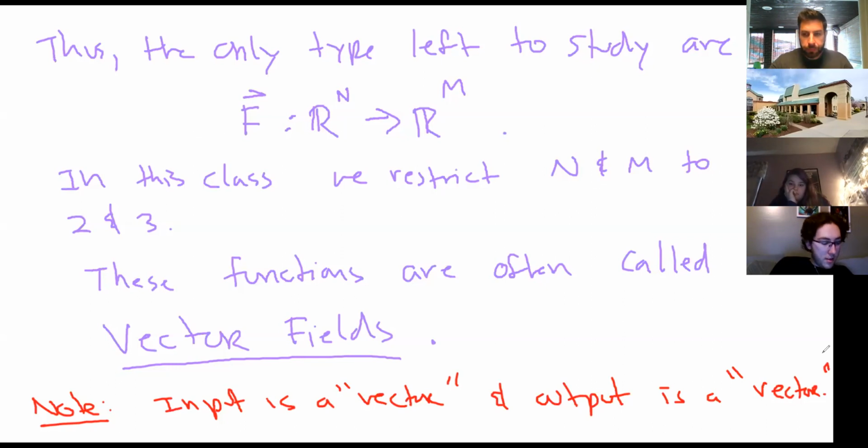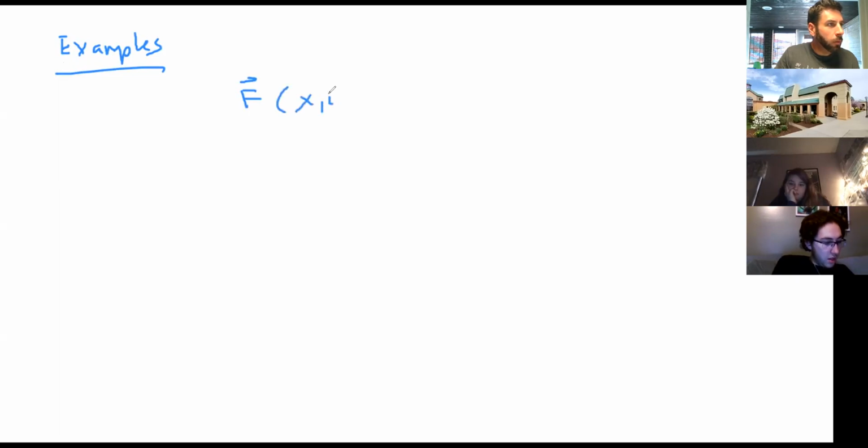Okay, so let's look at a couple examples before we do anything. Suppose I had something like f of x comma y. It takes on 2 inputs, and maybe it spits out the following.